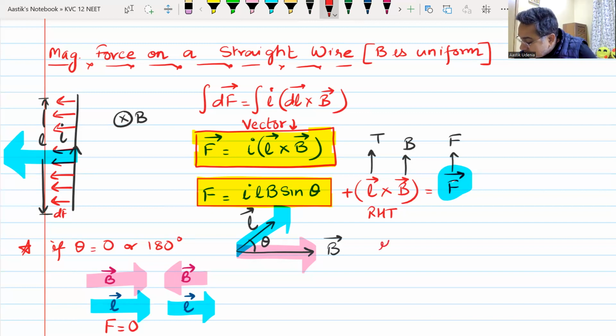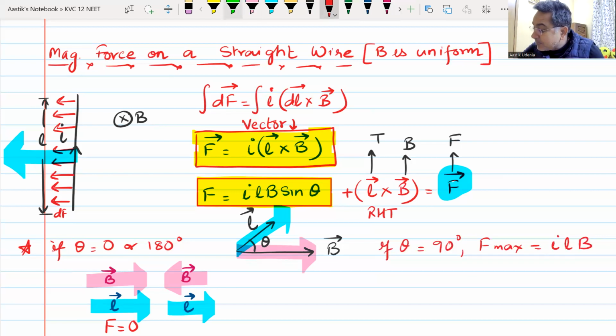If I write the reverse, if theta is 90, the force is maximum, and the maximum force is I L B. 90 means your magnetic field B could be like this, and your wire could be like this.